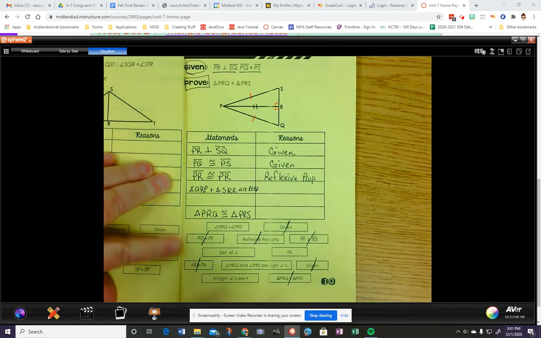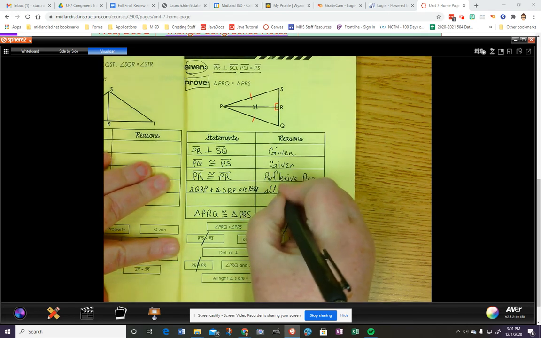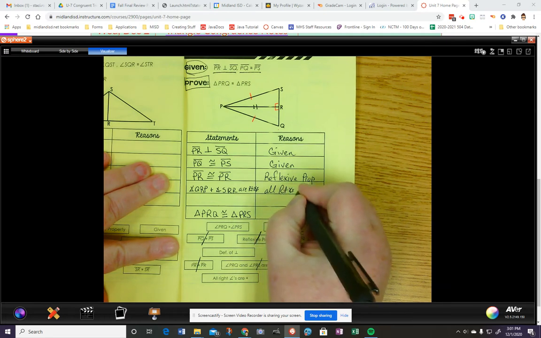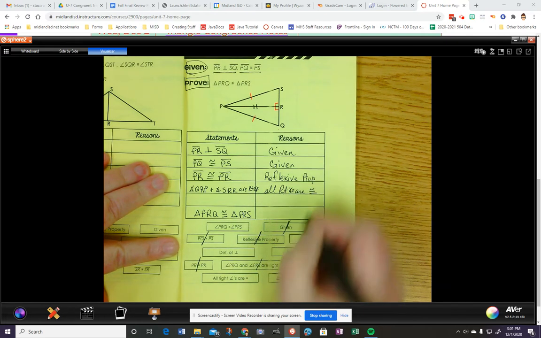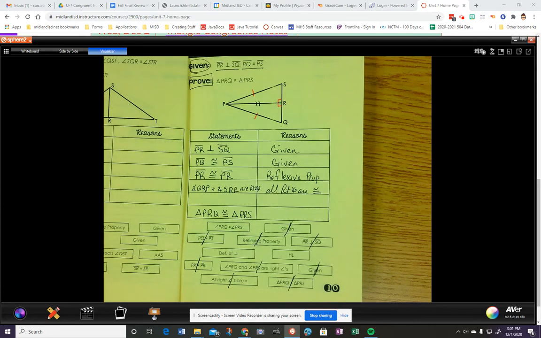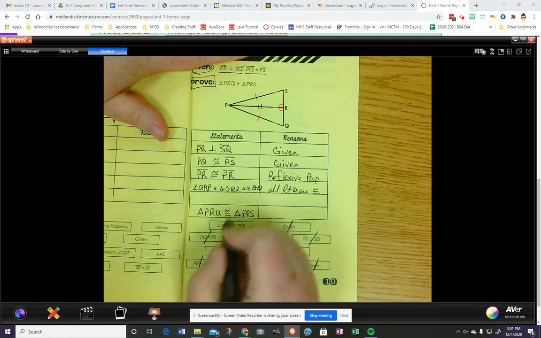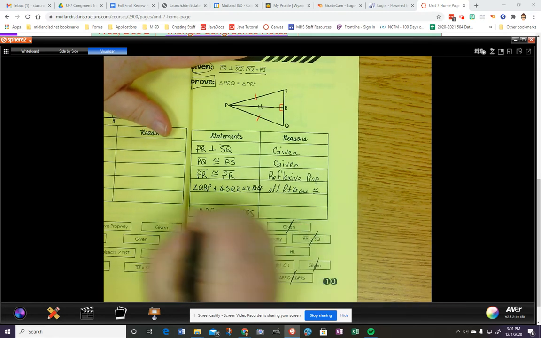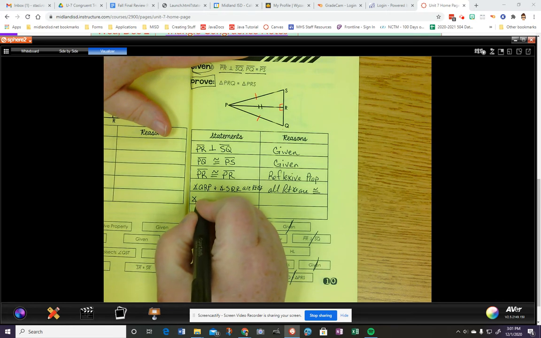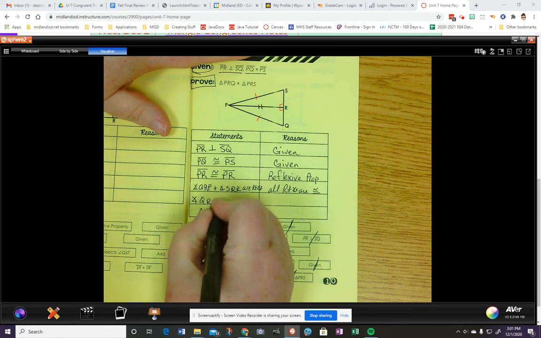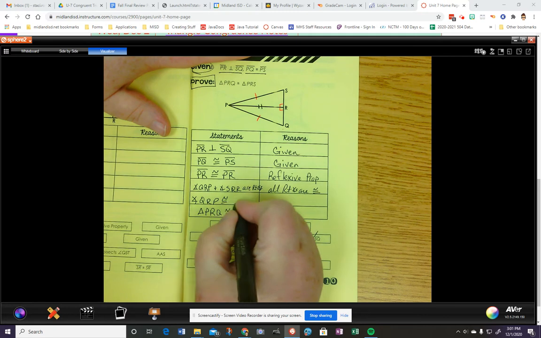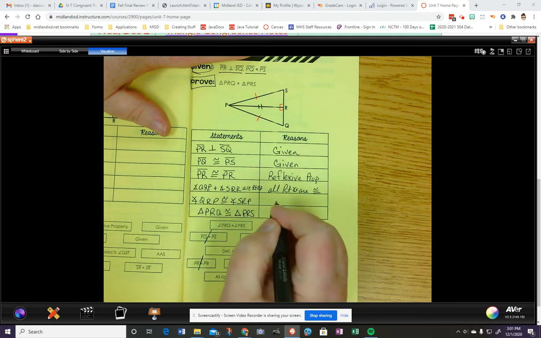Why is that? All right angles are congruent. So now we can say that angle QRP is congruent to angle SRP.